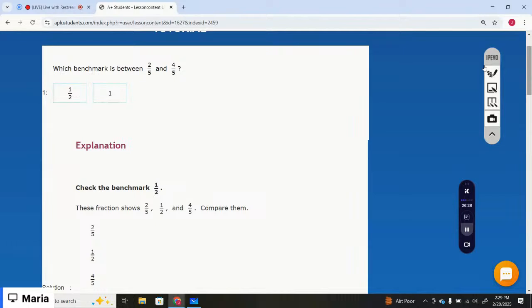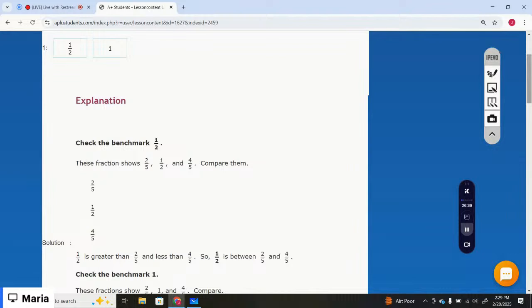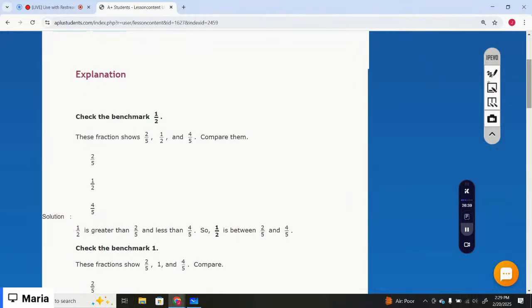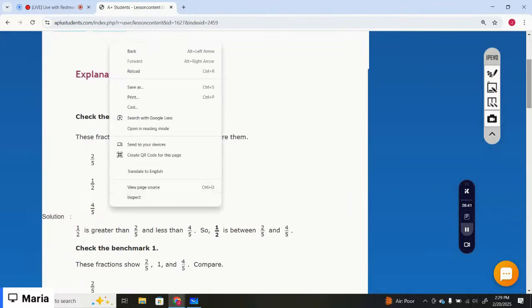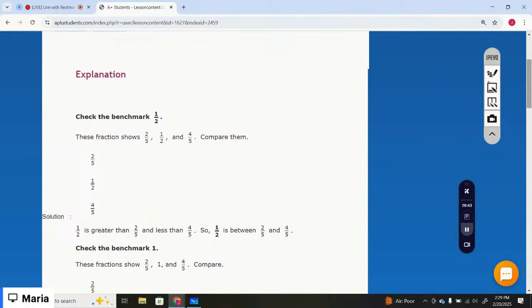Start with the first benchmark, that is 1 by 2. Compare 2 by 5 and 4 by 5 with 1 by 2. 1 by 2 is greater than 2 by 5.